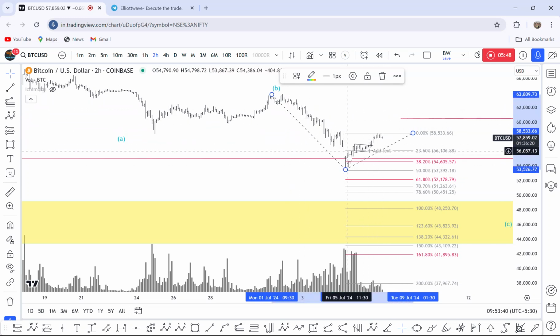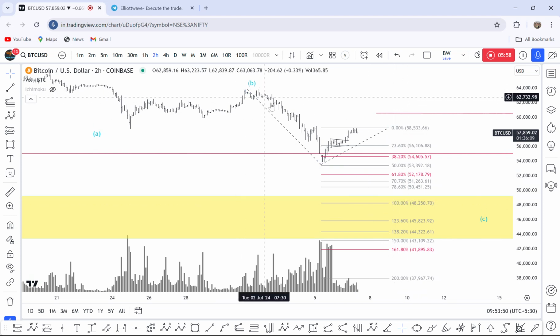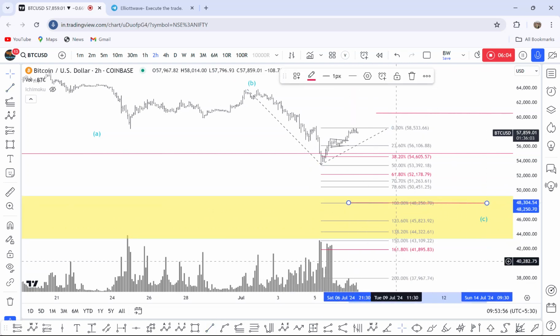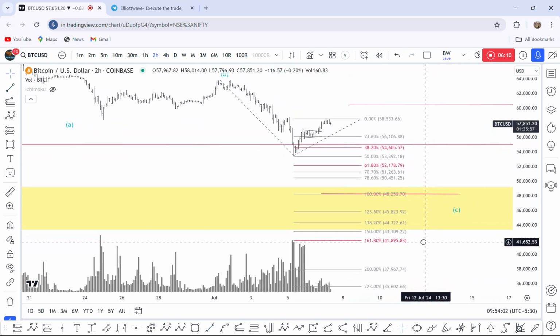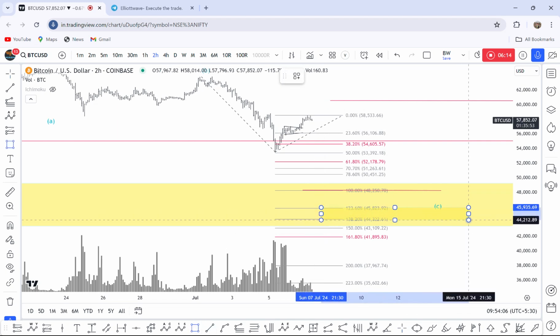So here the first and third waves are normal, so there is a high chance the fifth wave extends. If it extends up to 100% of 0 to 3, then our target is 48,000, and if it extends up to 123 or 138, then we may see the price in this area.